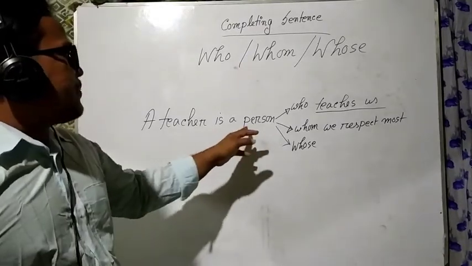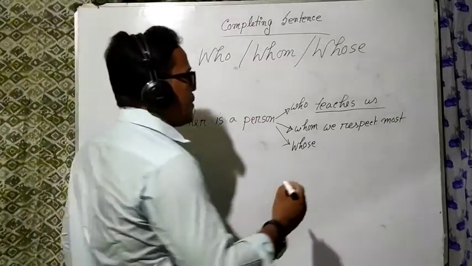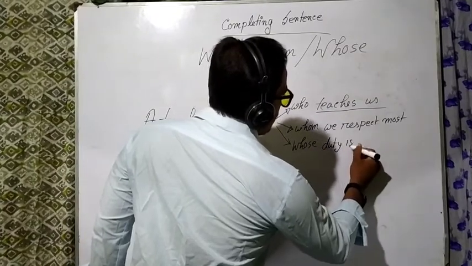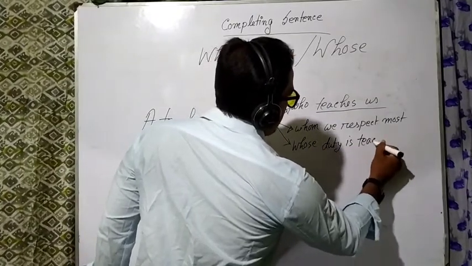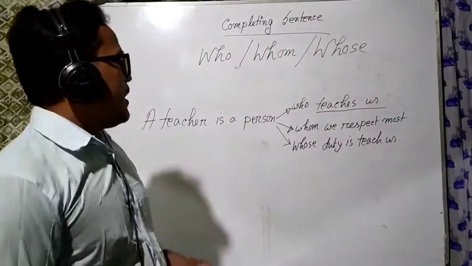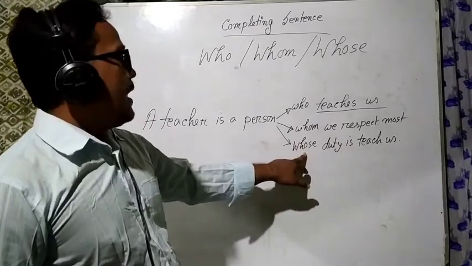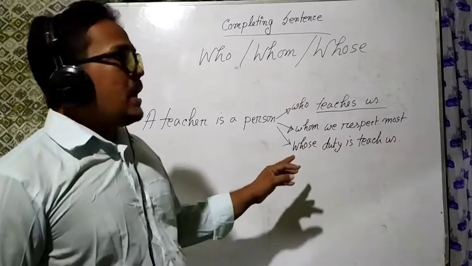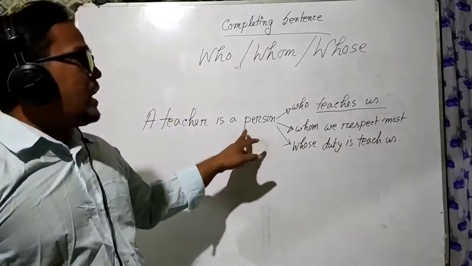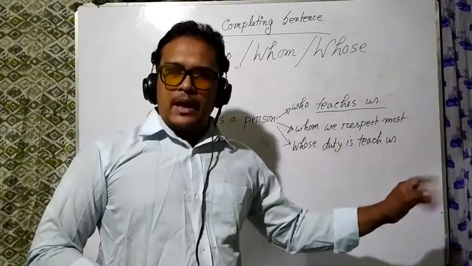A teacher is a person whose duty is to teach us. Dear students, here we use whose, and then we have to use a noun which has a close affinity with the antecedent. After that we have to use verb plus extension.